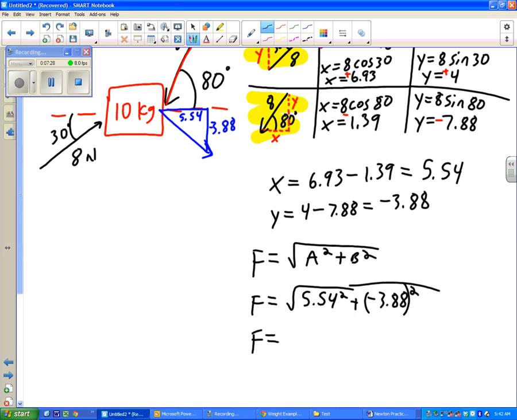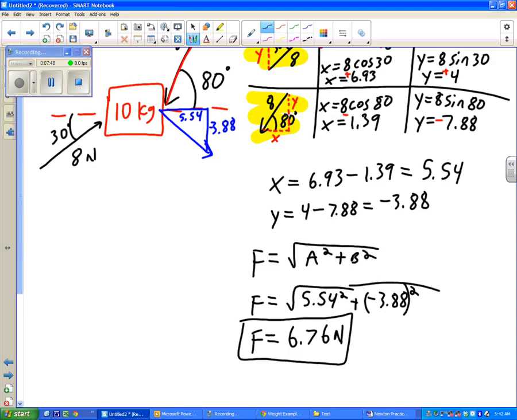So my final force is 6.76 newtons. So that is the final force by adding those together.